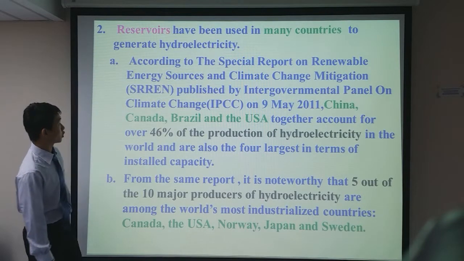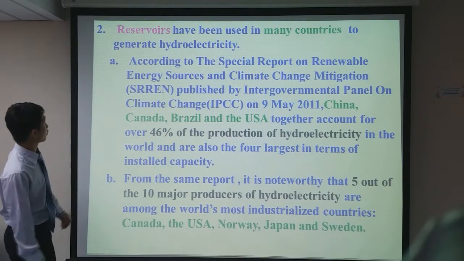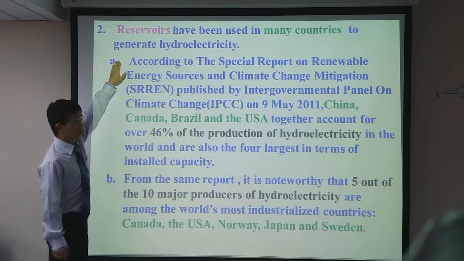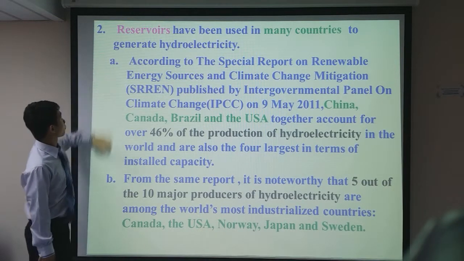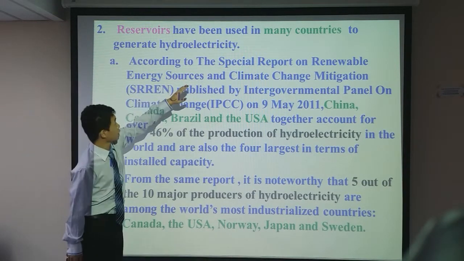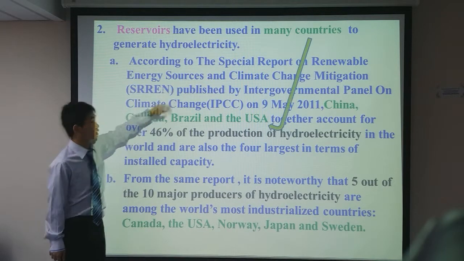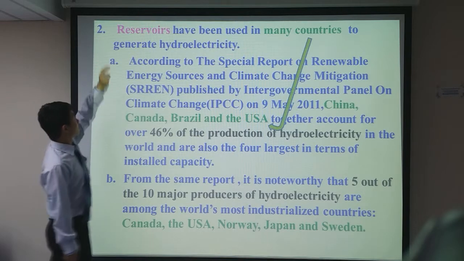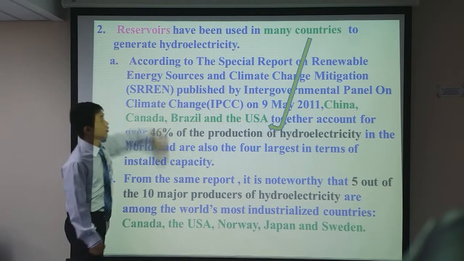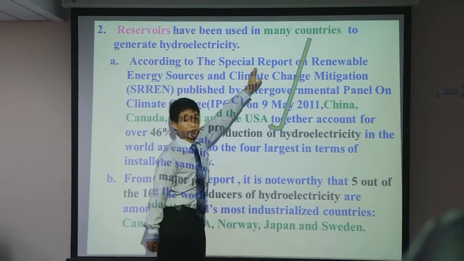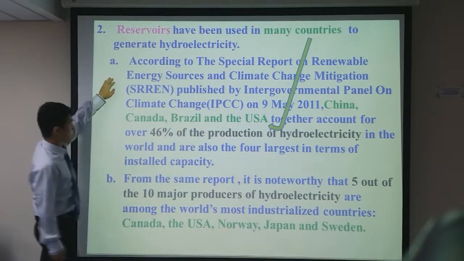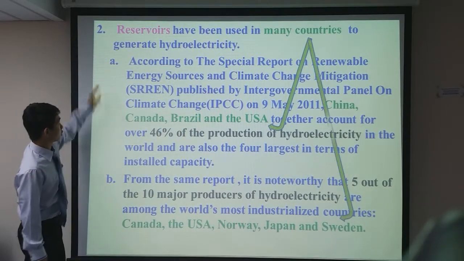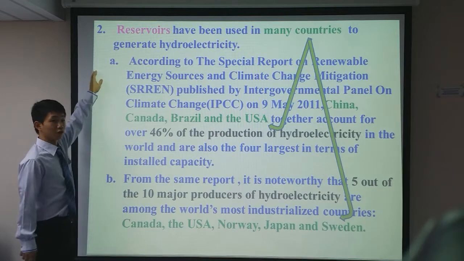Now we come to subpoint 2 that supports the reservoir. Number 2: reservoirs have been used in many countries to generate hydroelectricity. This can act as a topic sentence which has a topic idea, reservoir, and a controlling idea, many countries, with two supporting sentences from reliable sources.